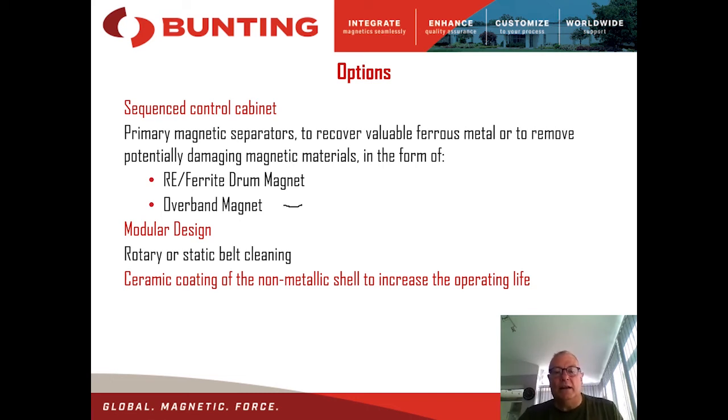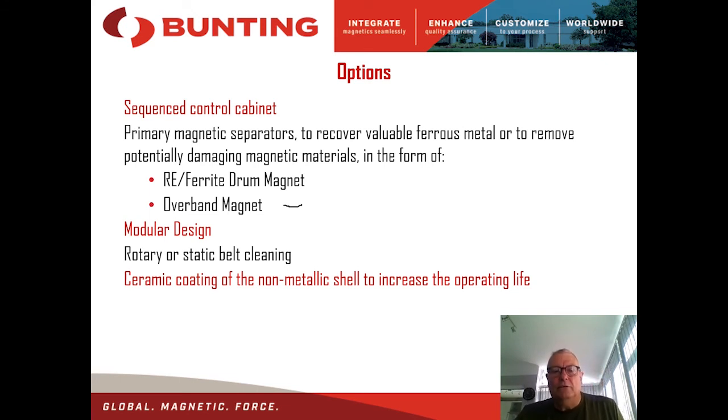We can have modular design, as we've seen. We can even mount them on Caterpillar tracks. You can have rotary or static belt cleaning, if you've got a slightly damp material or material that has quite a lot of adhesive particles, to clean the belt at the bottom before it goes back to underneath the vibratory feeder.